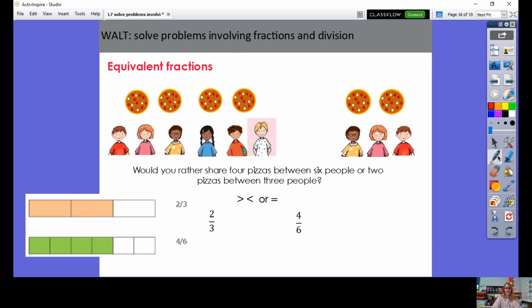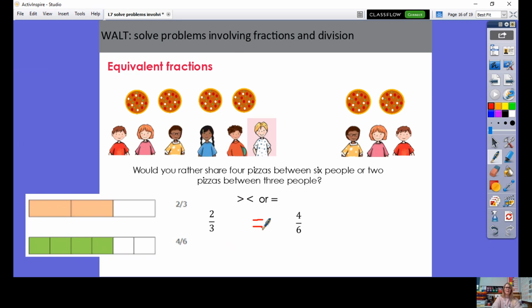So hopefully you have remembered that 3 and 6 are multiples, and 2 and 4 are also multiples of the 2 times tables. So 3 can be divided into 6 2 times, and 2 can be divided into 4 2 times. So these are actually equivalent fractions, which means they are the same.